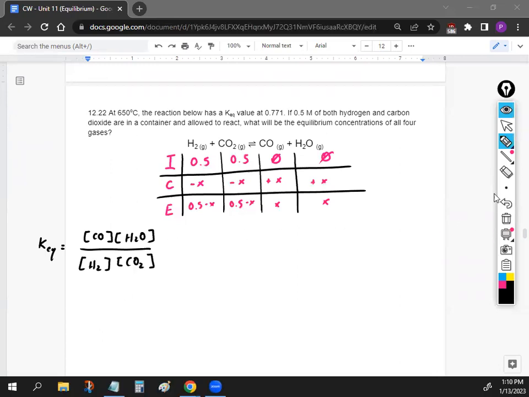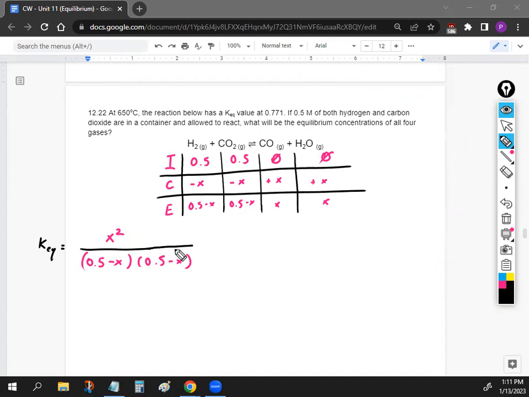Now you're gonna be plugging your numbers in, so I'm gonna start doing that. So for the top, it's gonna be x times x, which is x squared. And then on the bottom, we're gonna have 0.5 minus x times 0.5 minus x.